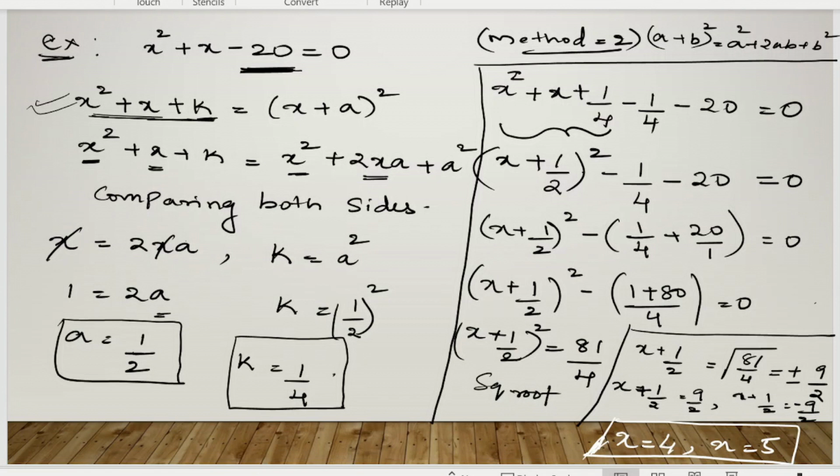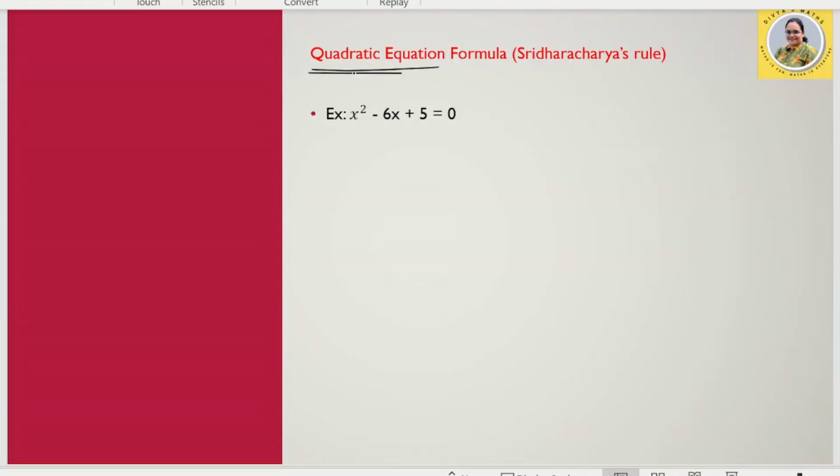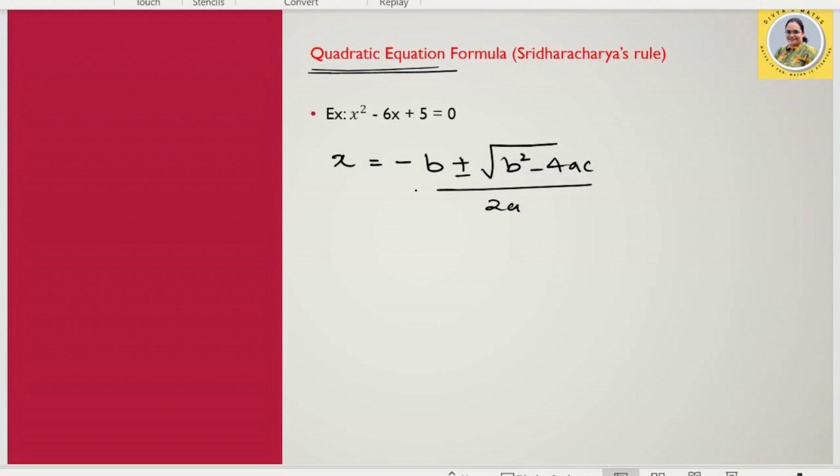Okay. Now let us go with the third method, which is the quadratic formula. What is the quadratic formula? Quadratic formula is x is equal to (minus b plus or minus root of b² minus 4ac) by 2a. Okay. So using this formula, we will be finding the value of x.